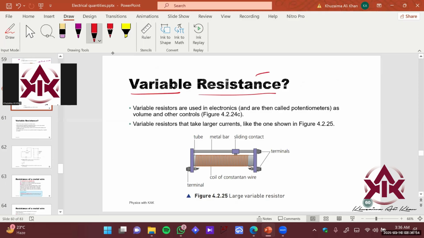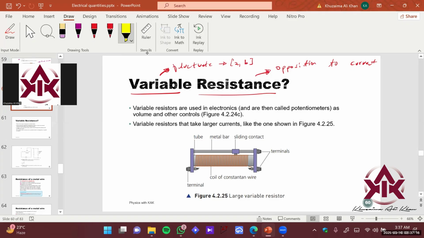You know what resistance is. It is opposition to current. And variable means it can fluctuate between some range of values, let's say from A to B.